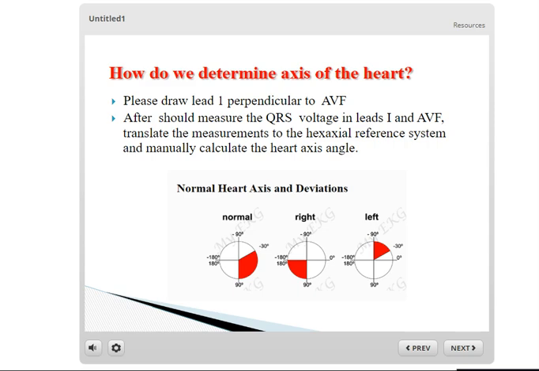For determining the axis of the heart, please draw lead 1 perpendicular to aVF. Then measure the QRS voltage in lead 1 and aVF, and manually calculate the heart axis angle. As you see, this picture shows the normal heart axis and right or left deviation.